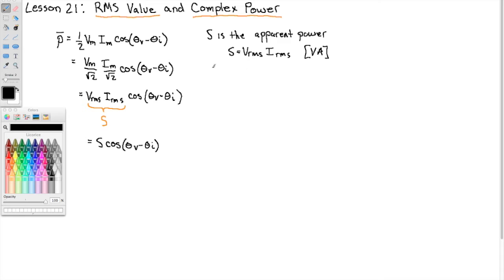Now, this cosine of the difference in the voltage and current angles is called the power factor, PF.